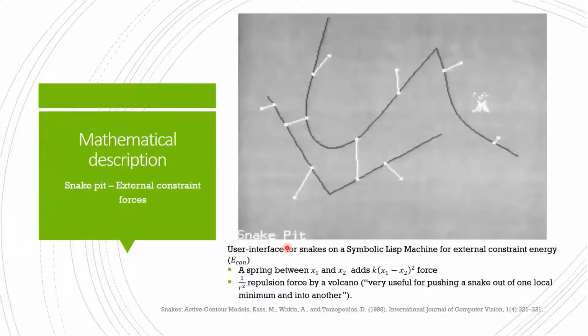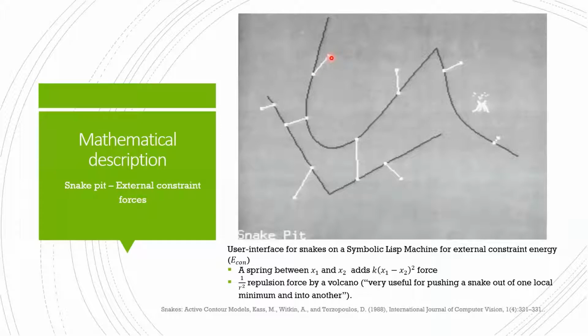Okay. To describe the external constraint, we have developed a user interface for snakes. It's called SnakePit. Here the user can play with the snake. Like in this picture, you can see there are two snakes in black color. This is one snake and this is another snake. And these white straight things are called springs.